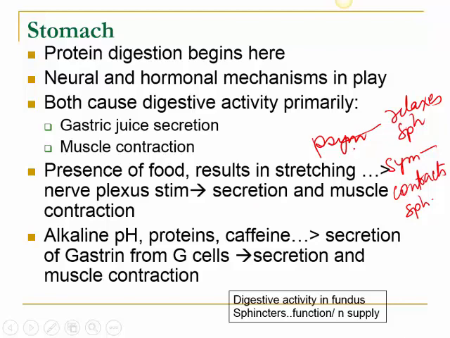Parasympathetic is going to cause the muscle to contract and churn the food. Sympathetic is going to keep the sphincter contracted so that food remains in the stomach and digestion can occur. When food needs to go from the stomach into the small intestine, the sympathetic system will stop. Parasympathetic will override it. It will relax the pyloric sphincter, and food will enter into the small intestine. Okay?